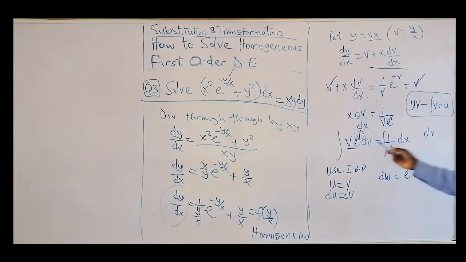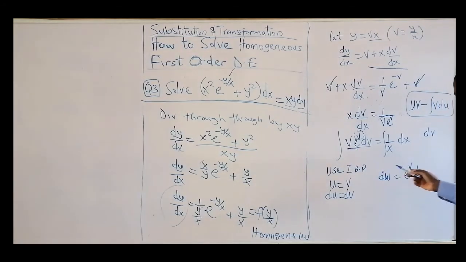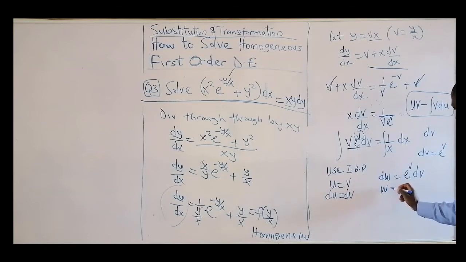So if I now call the second one v, it creates a confusion, because this one already is in the form of v. So let's give it another name, dw equal to this. Okay. Integrate both sides. w is equal to what? Is equal to e^v.